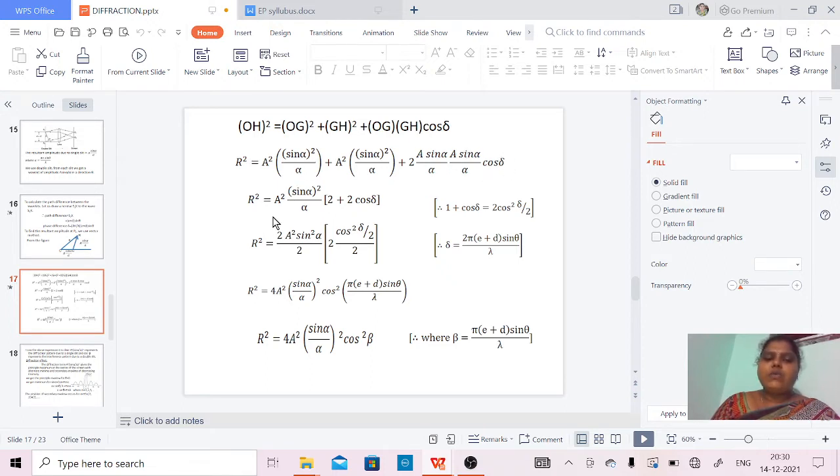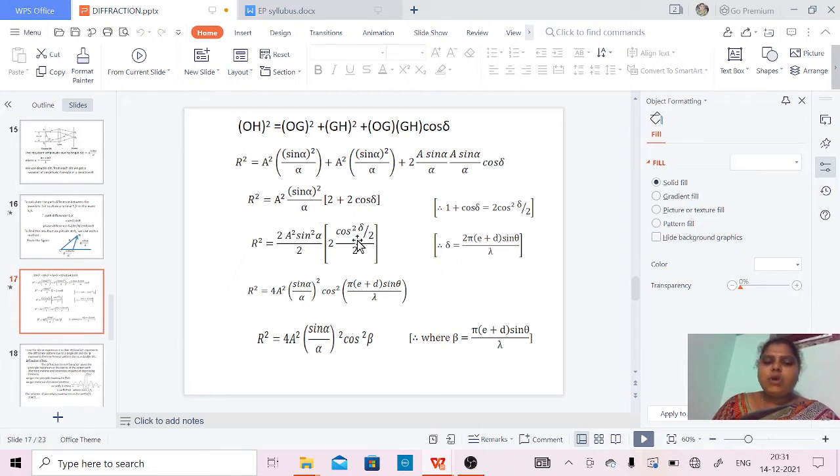Now R square equals A square sin square alpha by alpha square, taking the common factor, into 1 plus 1 becomes 2, plus 2 cos delta. Now we know that 1 plus cos delta equals 2 cos square delta by 2. We are substituting this for 1 plus cos delta.